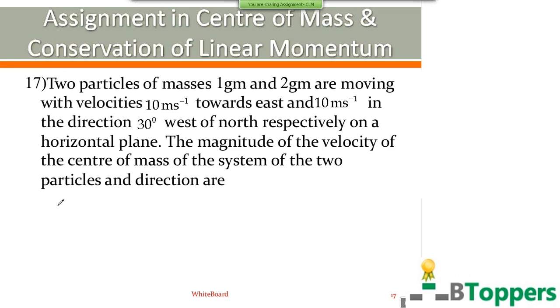I choose a coordinate system to represent the velocities in vector form. I choose the horizontal direction towards east as the positive direction of the x-axis and the horizontal direction towards north as the positive direction of the y-axis.